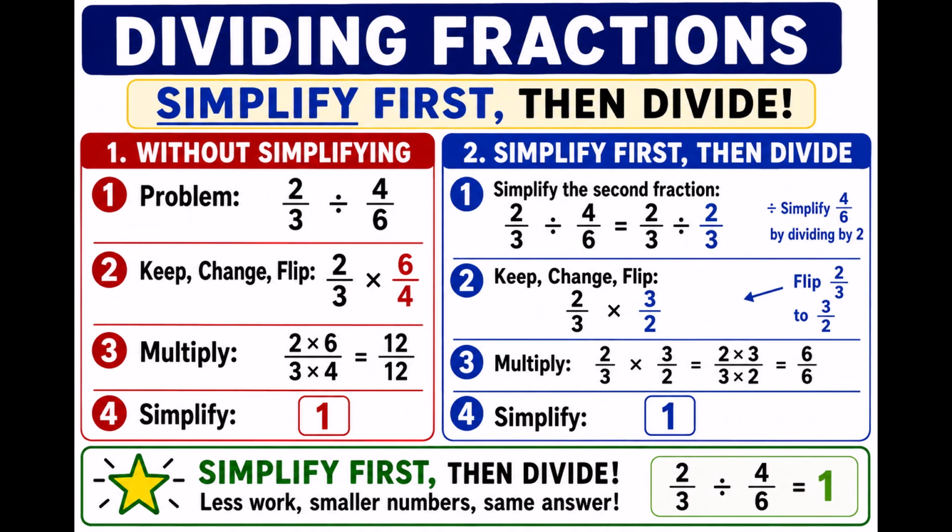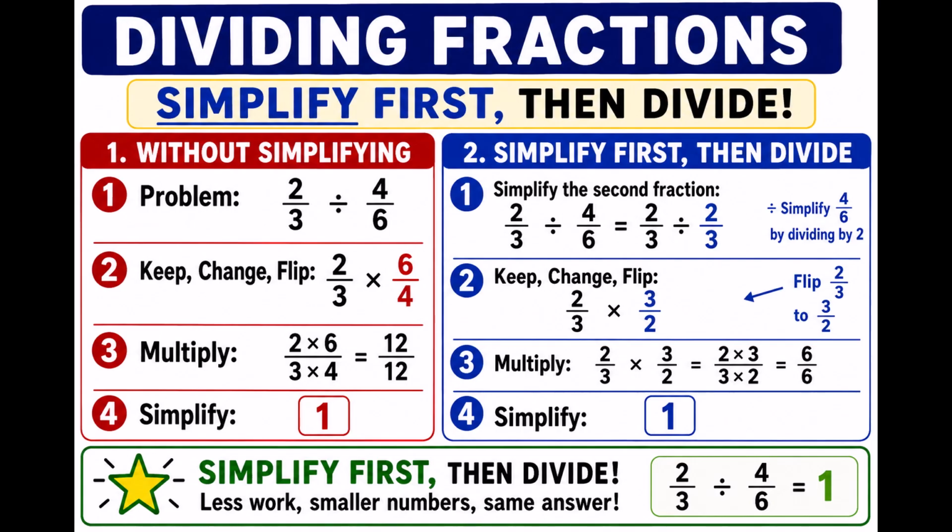Change division to multiplication. And then flip the second fraction. So our problem becomes 2/3 times 6/4, because we have the reciprocal. We flipped it, okay? The reciprocal of 4/6 is 6/4.